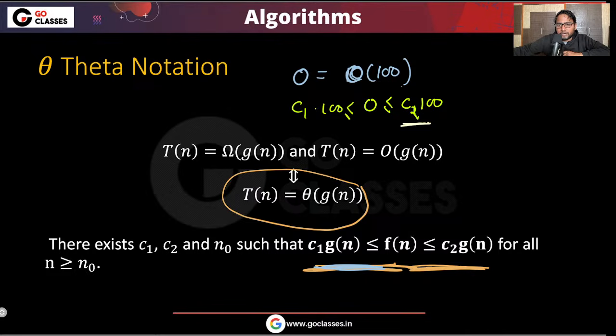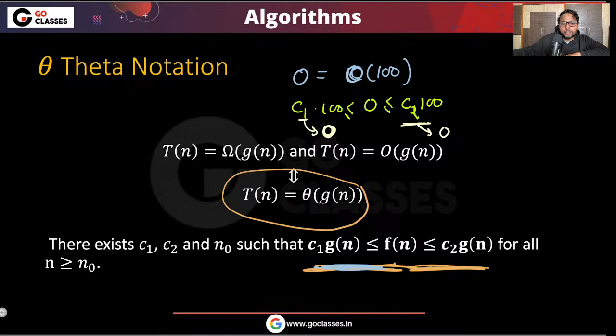0 equal to theta of 100. This is C2, which can definitely be 0. And this C1, which can definitely be 0, right? So both can be 0. So I think this should be true.